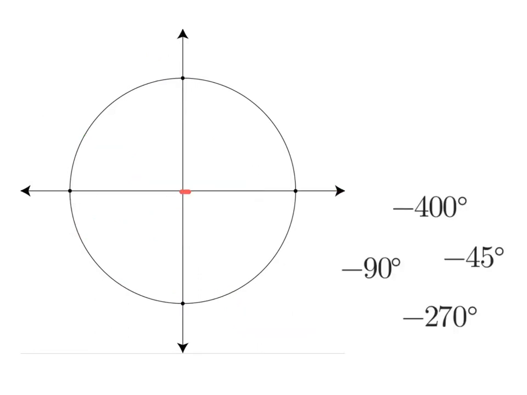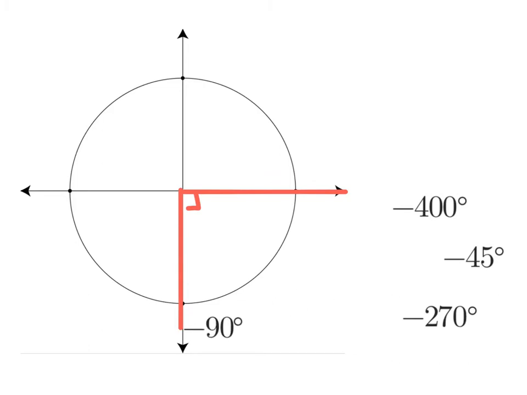When we're dealing with negative angles, we have to make sure that we rotate the other direction. Instead of rotating up from the positive x-axis, we're going to rotate down from there. So negative 90 degrees would be the right angle that goes down from that positive x-axis.